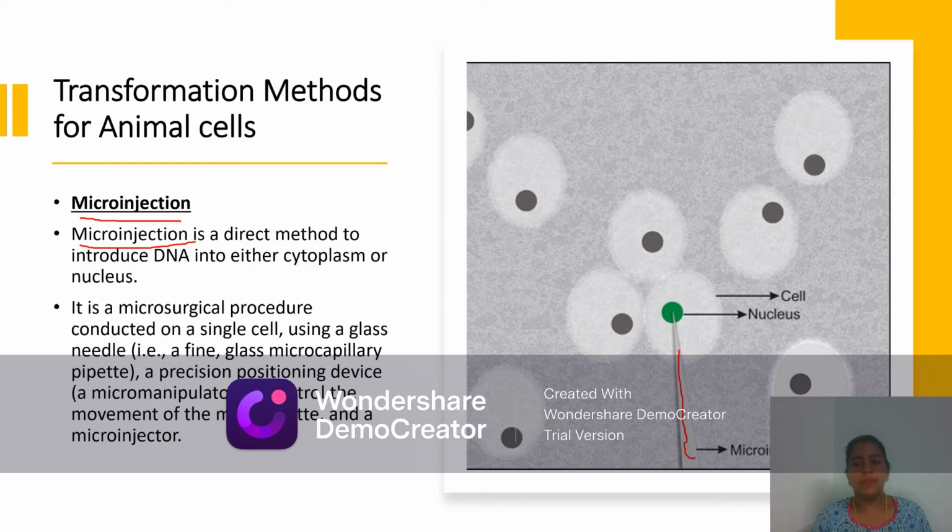Through this needle, you select whichever cell you wanted to transfer your DNA to. You choose that cell's nucleus and transfer your DNA there. Understand? That is the microinjection method. This is only for animal cells, because I already told you plant cells have a cell wall. Fine. The next one.